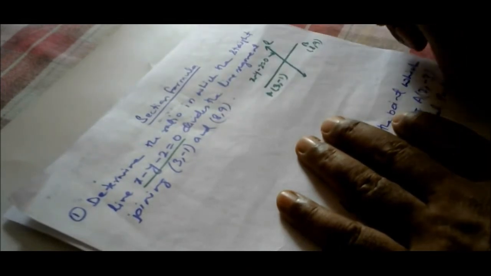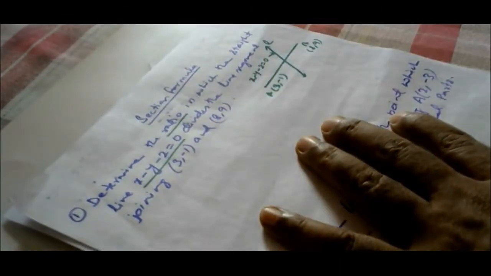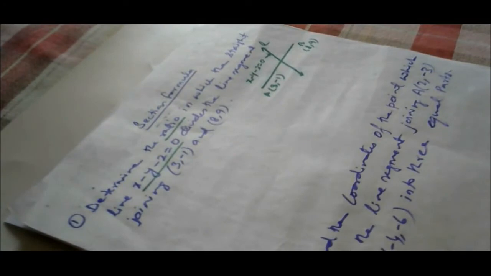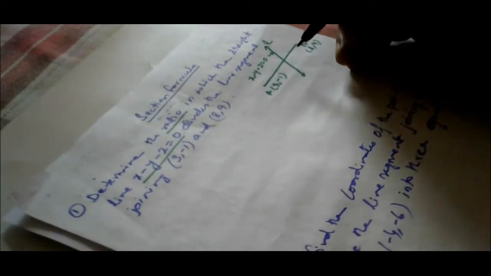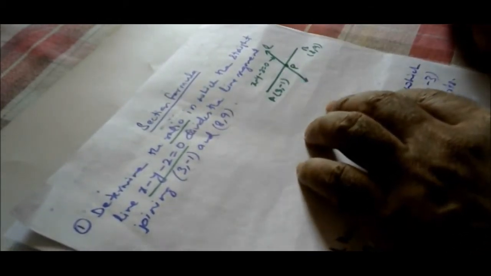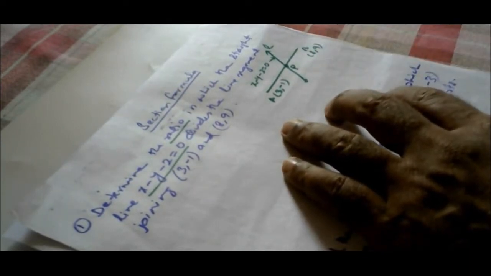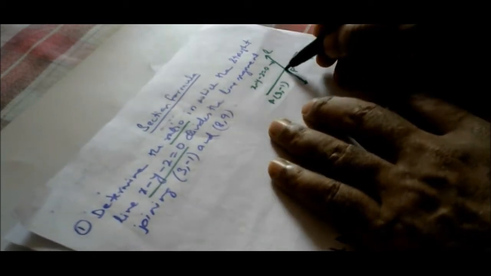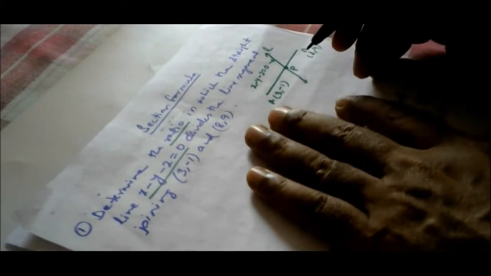Now what we need to find is the ratio in which this straight line divides the line segment joining 3, minus 1 and 8, 9. So suppose we assume this point P, because coordinates are not given, let it be.